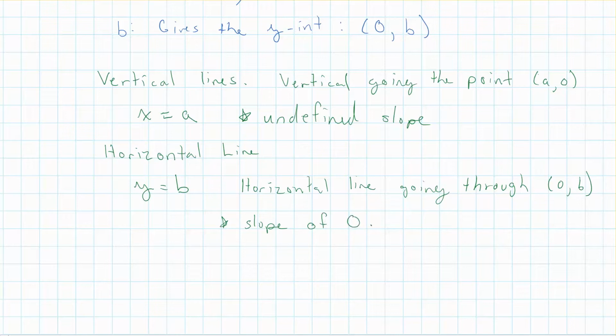And that's actually pretty easy to see, because we could write y equals b as y equals 0 times x plus b. It'd be a little silly to write it that way, because we know 0 times x is just going to be 0, but this is in slope-intercept form, and then we can see that my slope here would be 0.